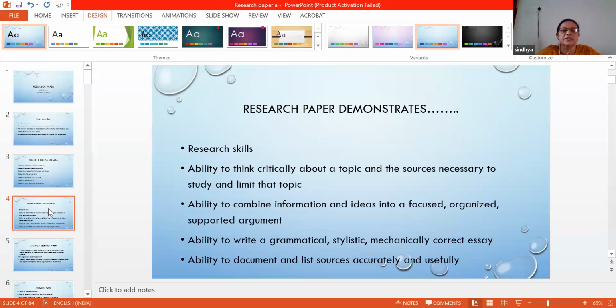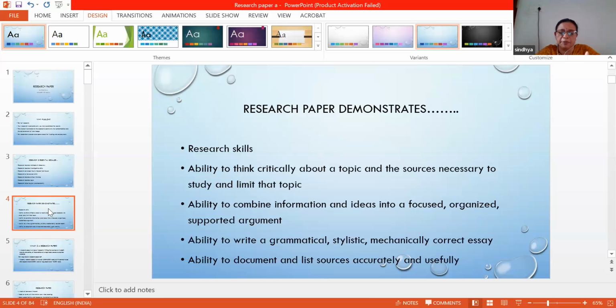Whatever research skill an investigator possesses, if he is highly skilled, his quality of research will be higher. It demonstrates the ability to think critically about a topic and the sources necessary, and to study how we can limit a topic.